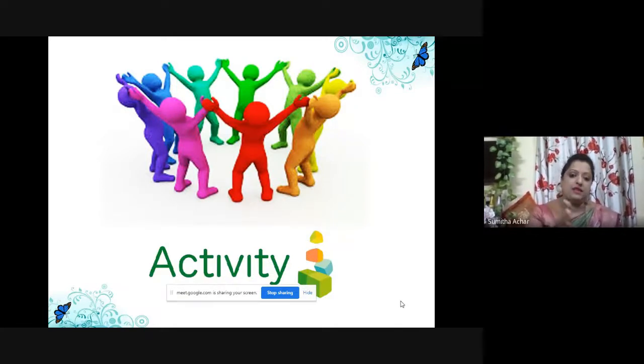Under the sampling method, I had 2 techniques: probability sampling and non-probability sampling. Under probability sampling, what were the methods that I had? I had simple random sampling, systematic sampling, stratified sampling, cluster sampling. Under non-probability, I had convenience sampling, judgment sampling, quota sampling, and snowball sampling. Is this clear to everyone?